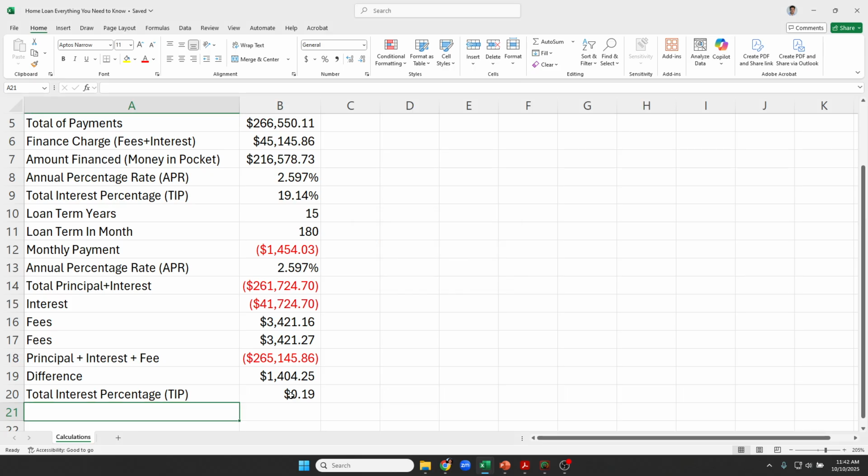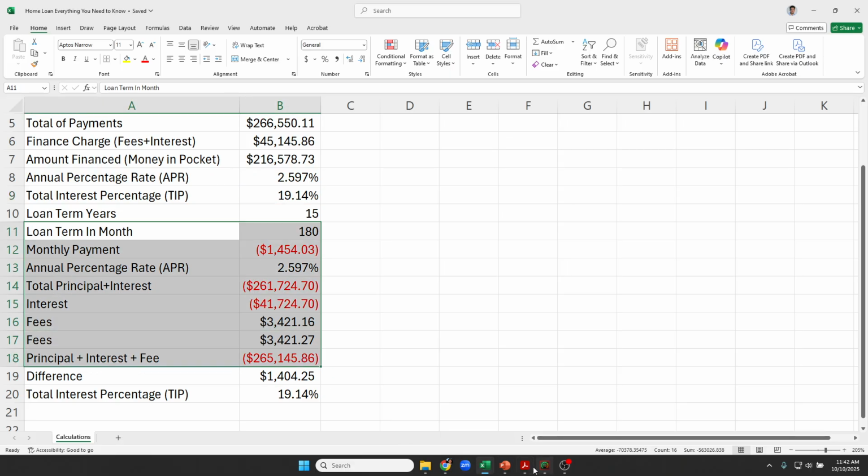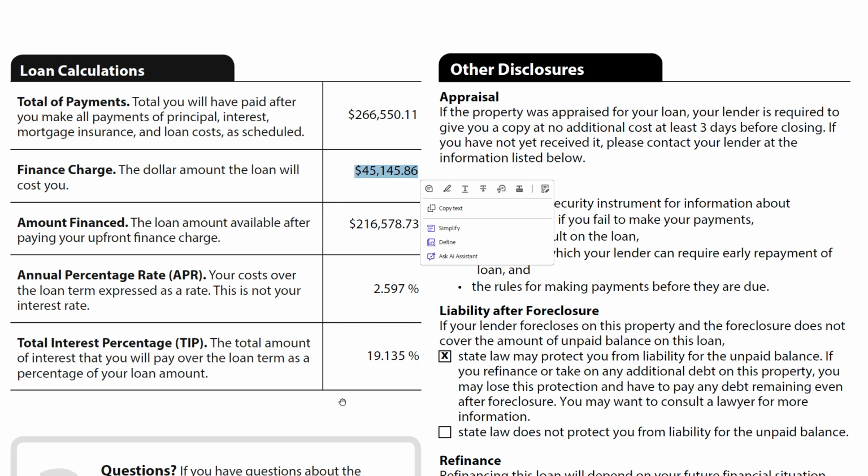Oh, it's wrong. It's the same thing basically. I don't know why Excel gave me the red. Oh, not that. I want to do this format like that. So you see that TIP is exactly the same as what was in the loan. So this is basically all the calculation, all the numbers in the last page of the loan.